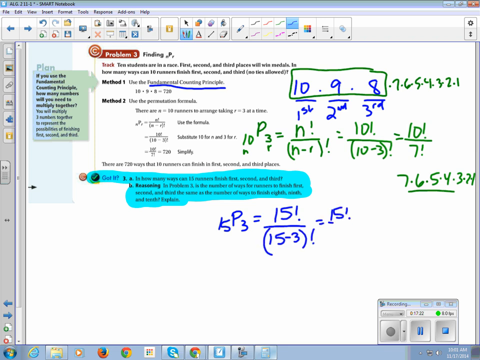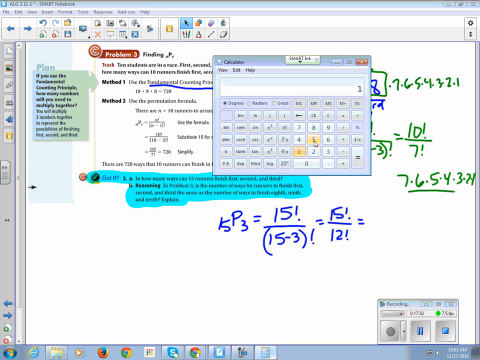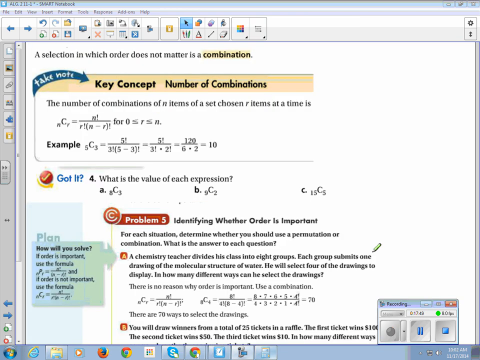When you get good, you'll do the subtraction automatically. So 15 factorial divided by 12 factorial. 2,730 ways. All right.